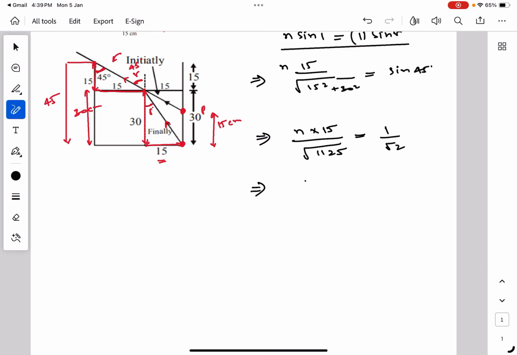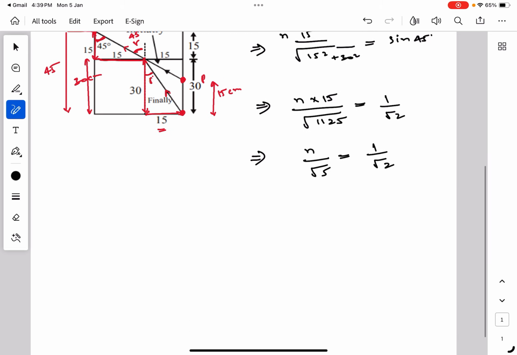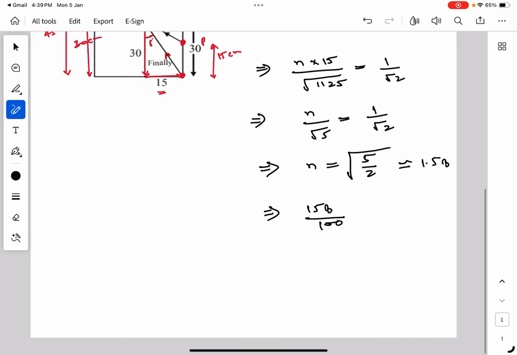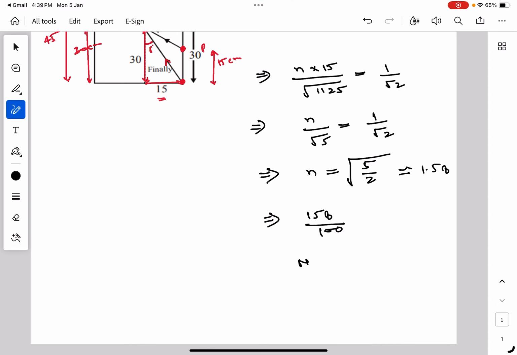This gives us, therefore, refractive index n is equal to root 5 upon 2, and this is approximately equal to 1.58. So this can be written as 158 upon 100. Therefore n is equal to 158.